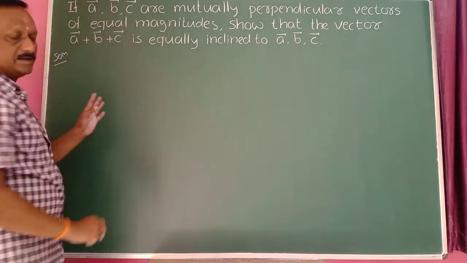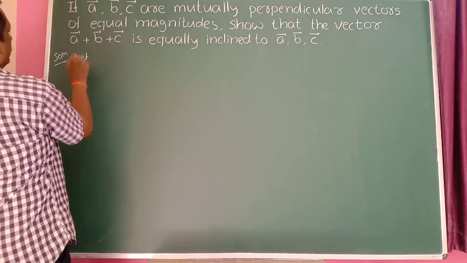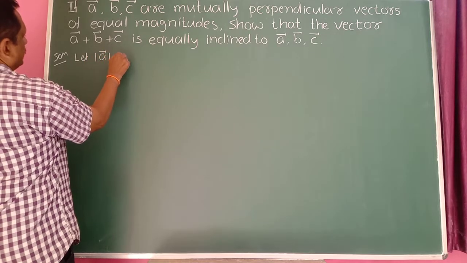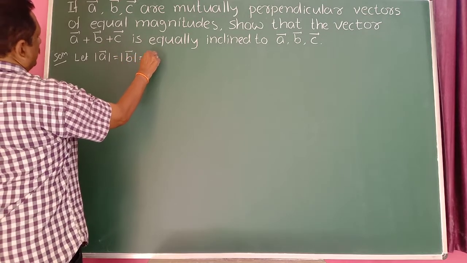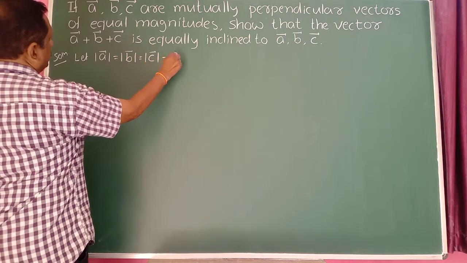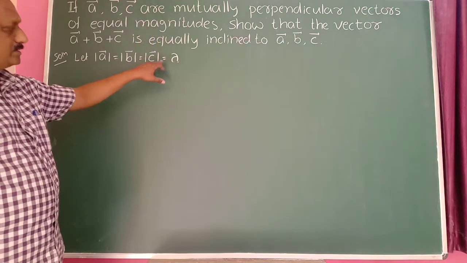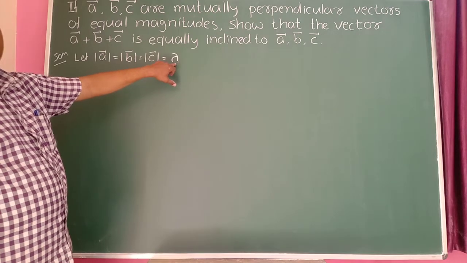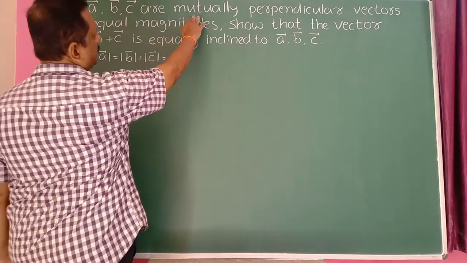So let us consider modulus of A bar is equal to modulus of B bar is equal to modulus of C bar is equal to lambda. They have equal magnitudes, therefore I am taking the magnitude of A bar, B bar and C bar as lambda. And they are already given mutually perpendicular vectors here.